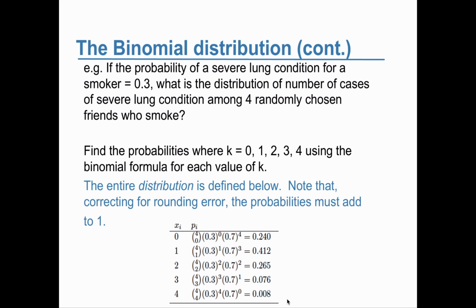All right. So, probability of a severe lung condition for a smoker is 0.3. Distribution of number of cases is going to look like this. Using the binomial formula, N choose K times P to the K times 1 minus P to the N minus K, where N equals 4, P equals 0.3, and K equals 0, 1, 2, 3, or 4.